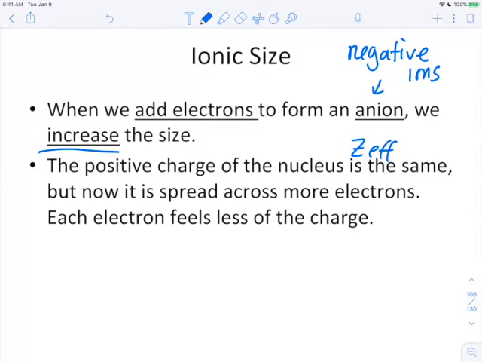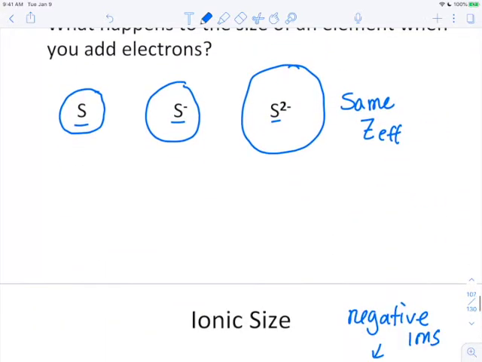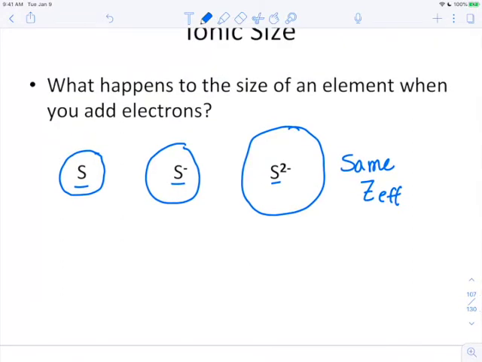So as that power is spread out among more electrons, each individual electron, again, feels less of that power, and it starts drifting further from the nucleus. So any questions on what's going on here for our negative ions or anions, that the greater the negative charge there is, the more electrons there are, and the more it's going to spread further from the nucleus?